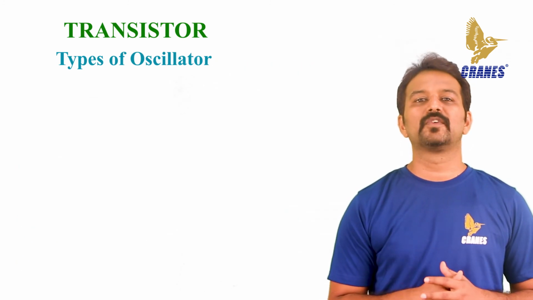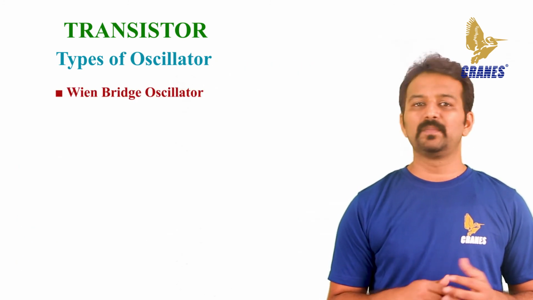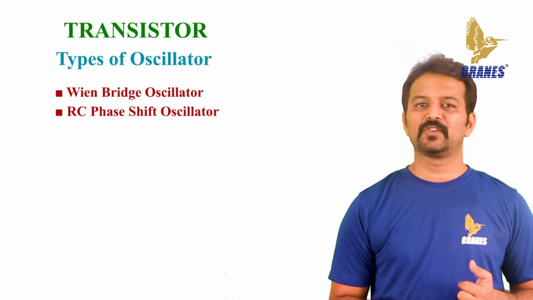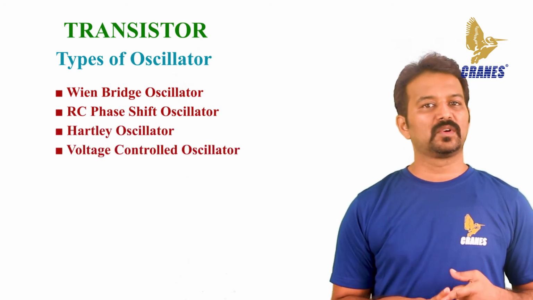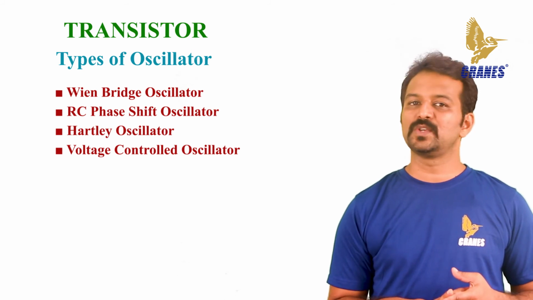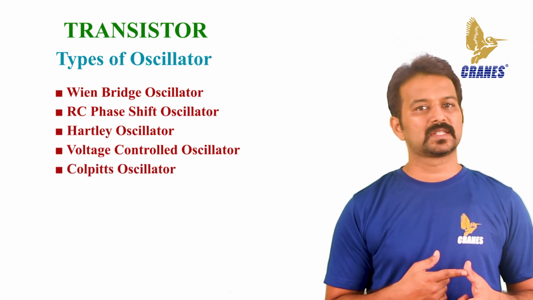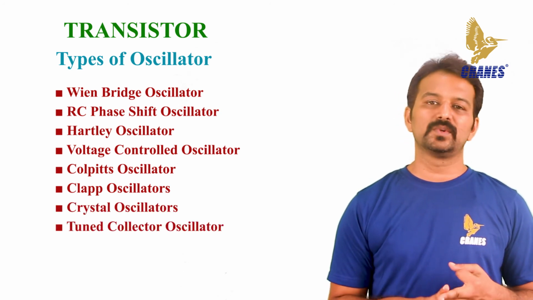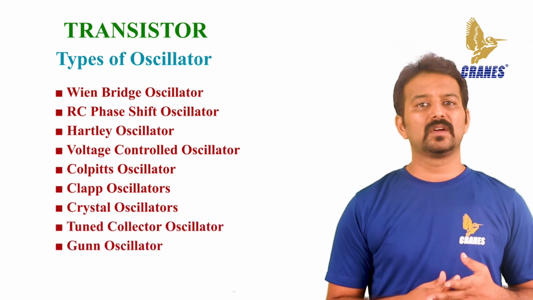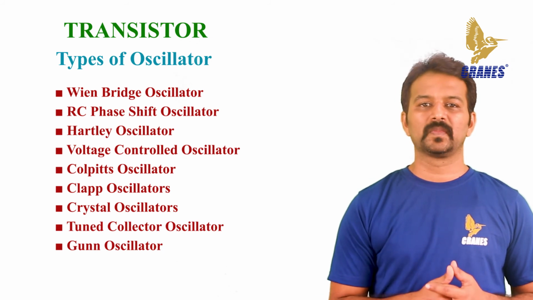The main types of oscillators include Wien bridge oscillators, RC phase shift oscillators, Hartley oscillators, voltage controlled oscillators commonly known as the VCOs, Colpitts oscillators, Clapp oscillators, crystal oscillators, tuned collector oscillators, Gunn oscillators, and so on.